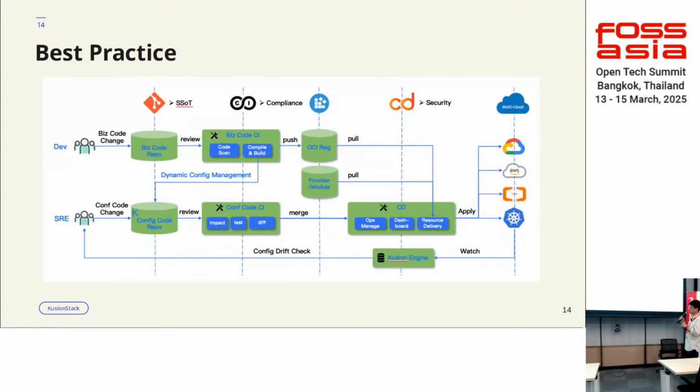Back to Xiaomi. Okay, so here is the best practice with Fusion that we are running today at Ant Group. The upper part of the graph shows the conventional business application CI/CD pipeline, including the code review, building and publishing the OCI artifacts.